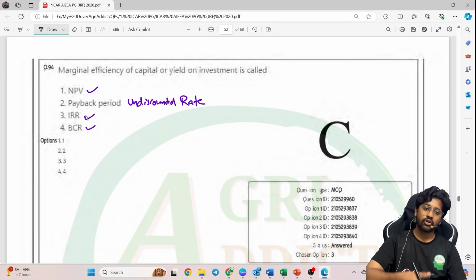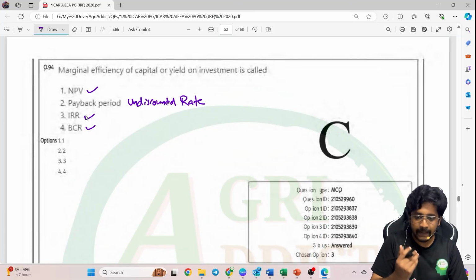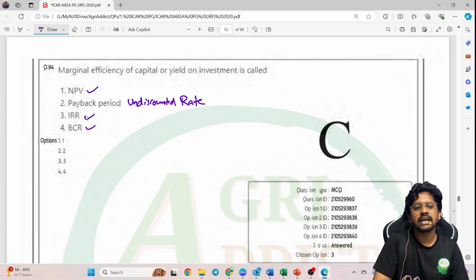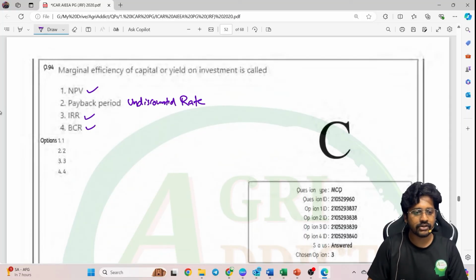Marginal efficiency of the capital is meant like, when one unit of capital is employed in the production process, what will be the effect, or what will be the rate of returns when you are giving an additional capital investment in your production process. That will be given by the internal rate of return. So therefore marginal efficiency of the capital or yield on investment can be called as the internal rate of return. So for question number 94, option 3 will be the correct answer.